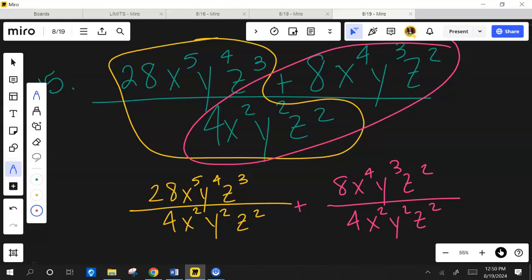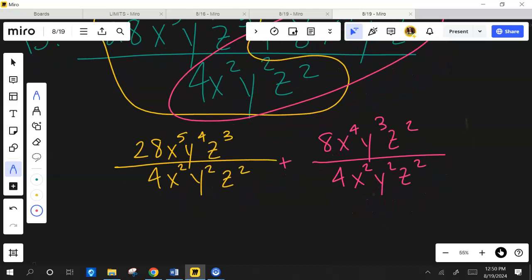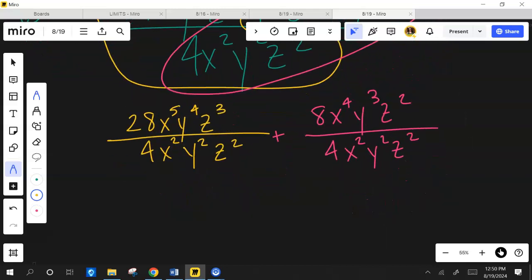All right. Let's work with the numbers in front first, and then we'll worry about the exponents. Look at the yellow one. Tell me what I end up with. What's 28 divided by 4? Where'd you get 3 on the x?